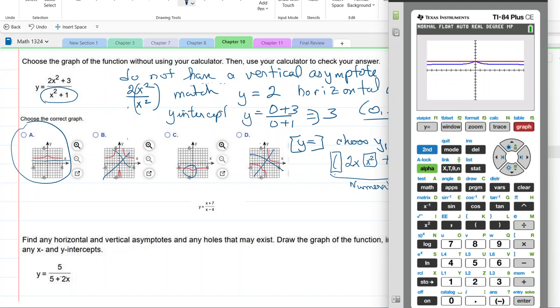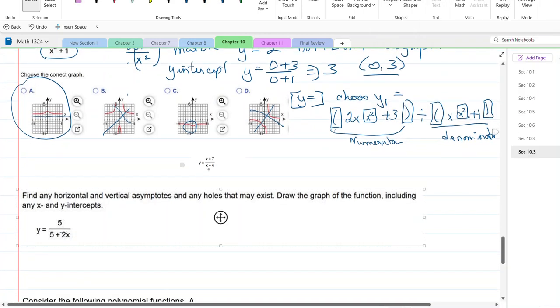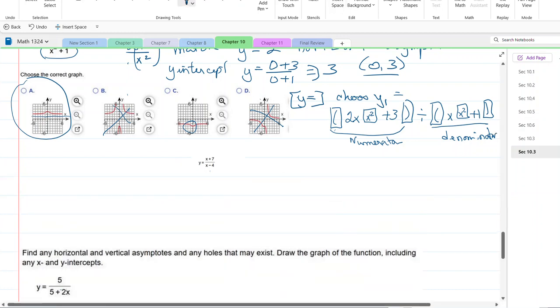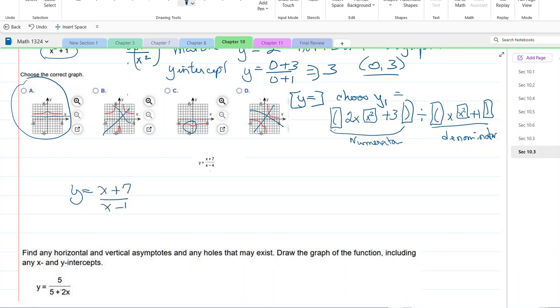All right. Now, I've got this guy right here. And I don't know how that happened. I have y equals x plus 7 over x minus 4. And what we want is if it has any vertical asymptotes.